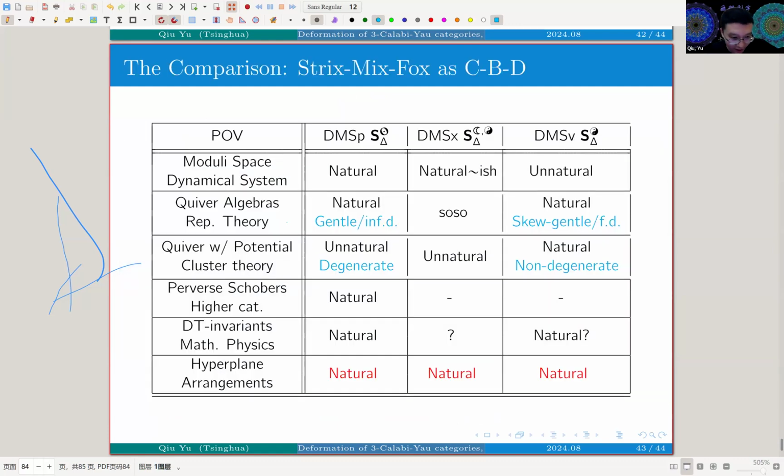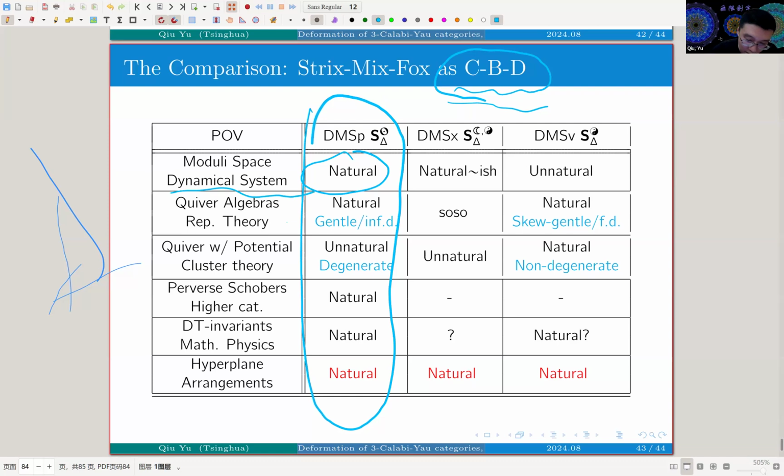So finally, let's tell the story where we compare type C to type B to type D. Basically, for type C, you have this column where the model space is very natural because it is a single stratum for the model space of quadratic differentials.